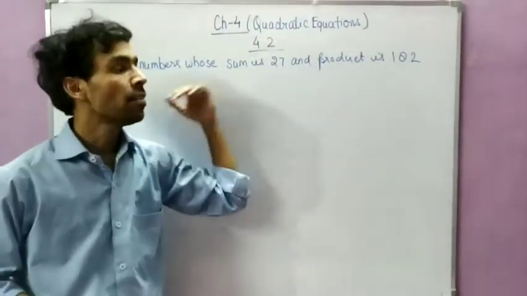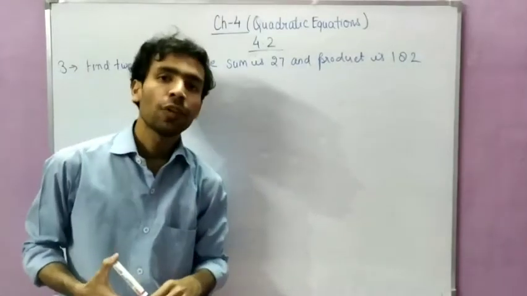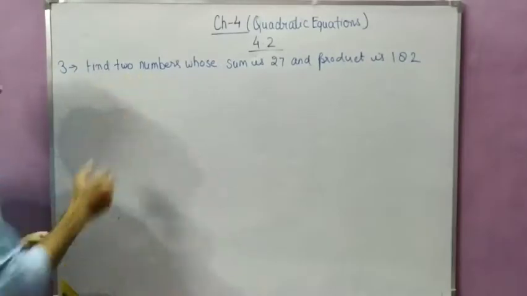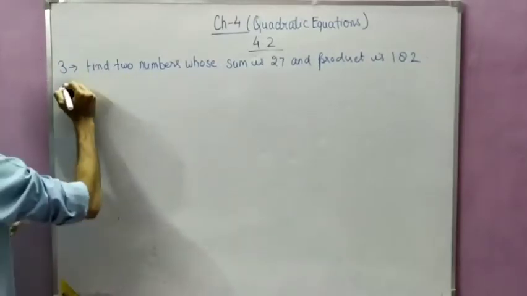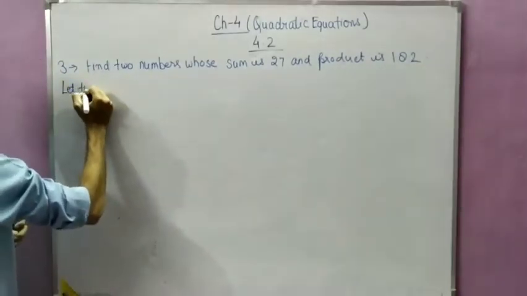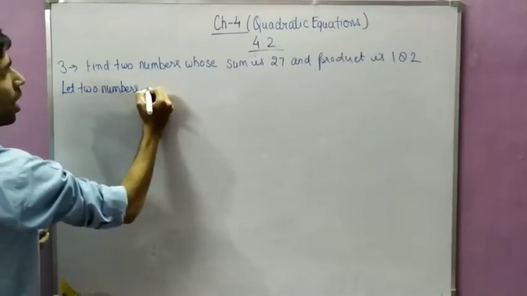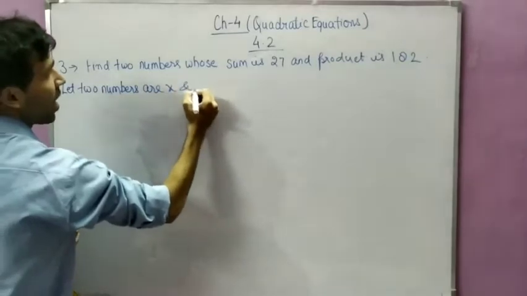This is a word problem type question. So first you have to make the quadratic equation, then you have to solve. Because two numbers are given, let the two numbers be x and y.